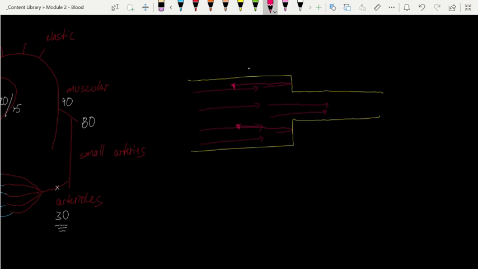That right there is your diastolic pressure.